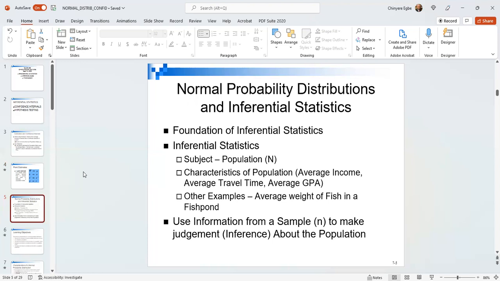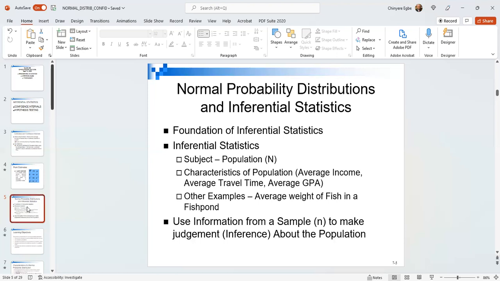So we're going to ask ourselves, how do you use the normal probability distribution to implement inferential statistics? So we're going to step back a little bit and understand the normal distribution. This is going to be a review, but if you have questions at the end, you could also ask me questions.